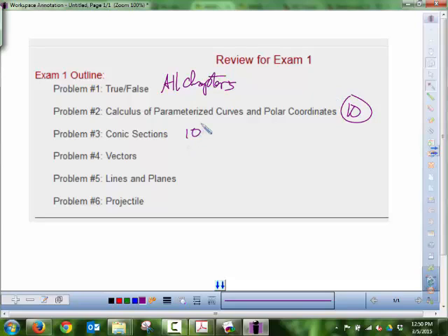Conic Sections was in Chapter 10, 10.3. Vectors was in Chapter 12. And lines and planes were towards the end of Chapter 12. And the projectile motion is taking a look at vector valued functions. That's Chapter 13.